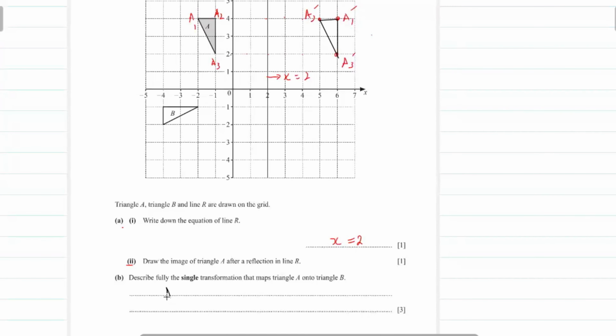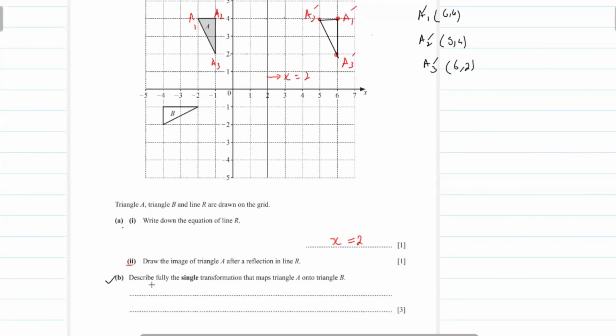A1 dash is (6, 4), A2 dash is (5, 4) and A3 dash is (6, 2). These are the image points of the triangle after reflection.